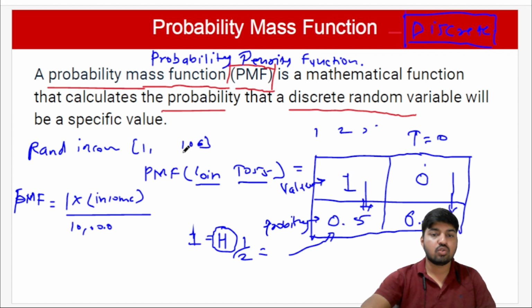Values are from 1 to this is 10,000. At max it is taking up to 100.